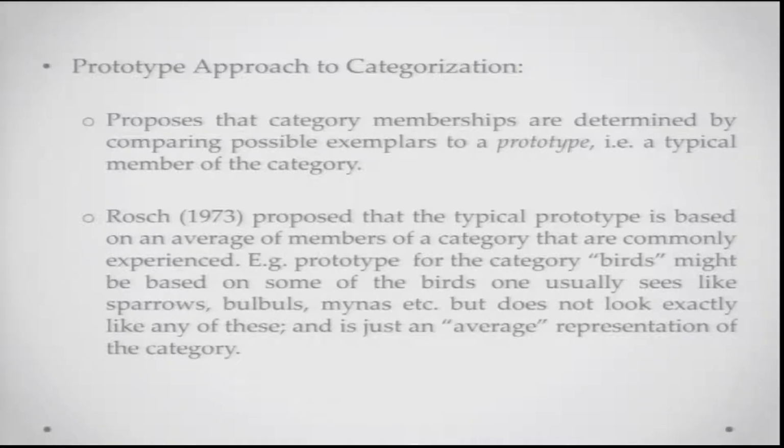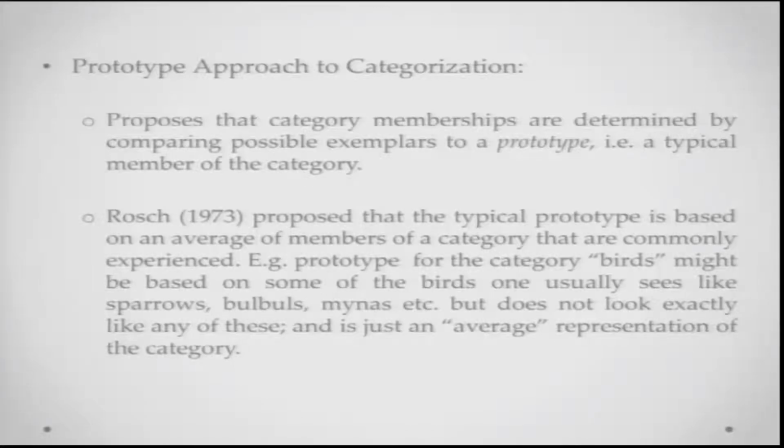So, you can average out so many characteristics that you want, and you can basically say that this is the prototype, and most members in this category should conform to this, or just be a variation of this. Rosch did a lot of work on knowledge and categorization and other things, and she proposed that a typical prototype is based on the average of all the members of the category that are commonly experienced. So, if you have seen, let us say 500 chairs or 5,000 chairs or 500,000 chairs in the world, and you can average all of their characteristics down, then you can come up with what is called a prototype of a chair.